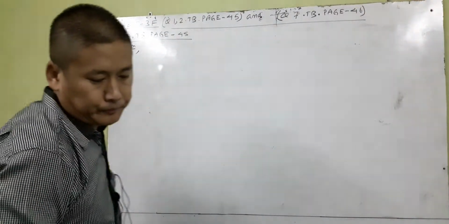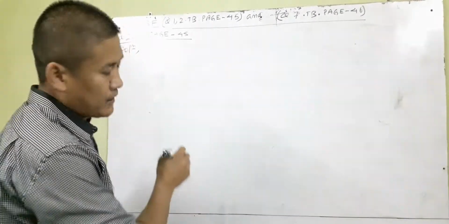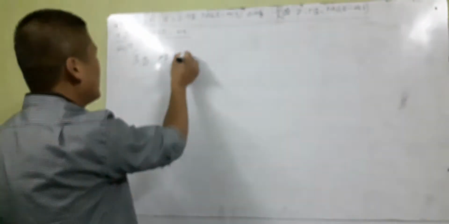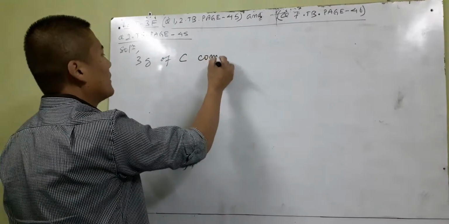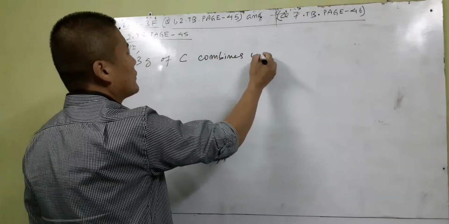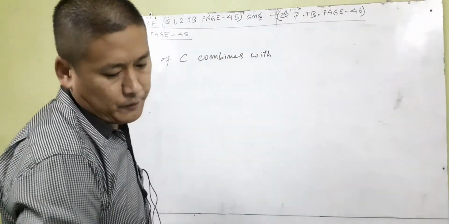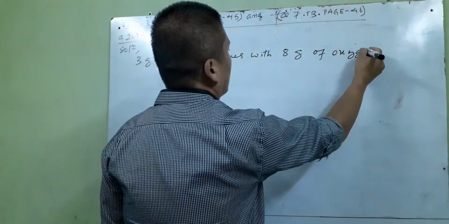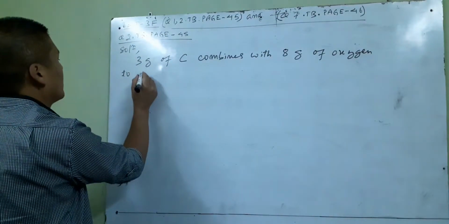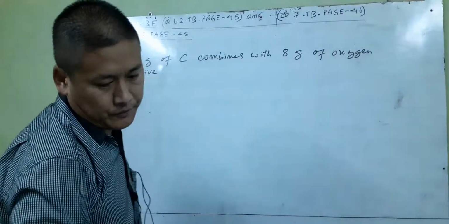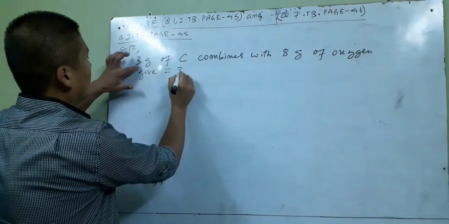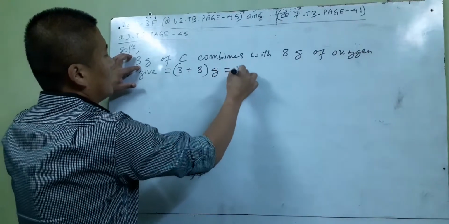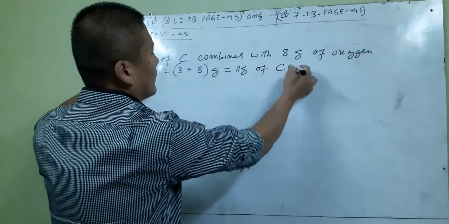So your answer or solution. Okay, solution is, according to the question, 3 gram of carbon, you can write C because the symbol for carbon is C, combines with 8 gram of oxygen to give 3 gram plus 8 combined together, so 11 grams of carbon dioxide.